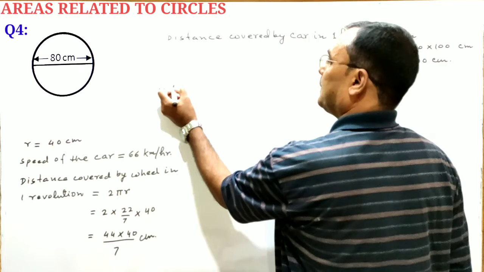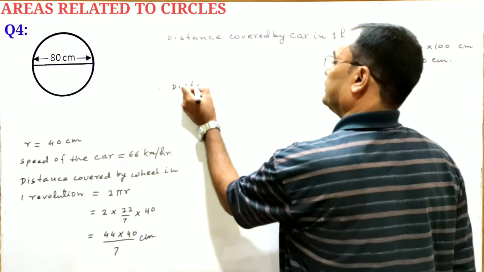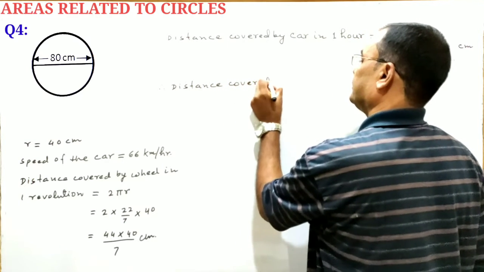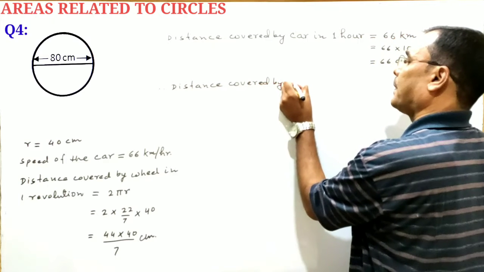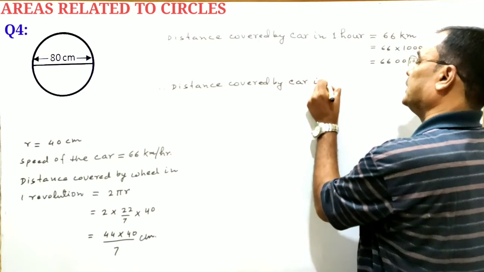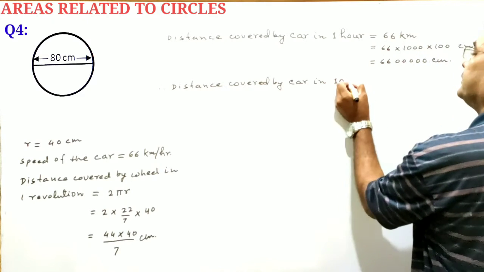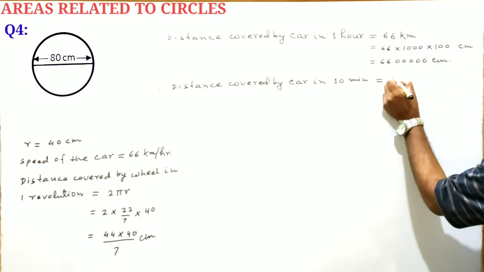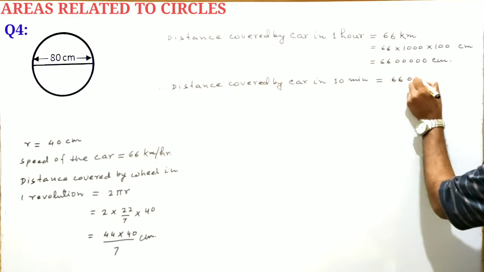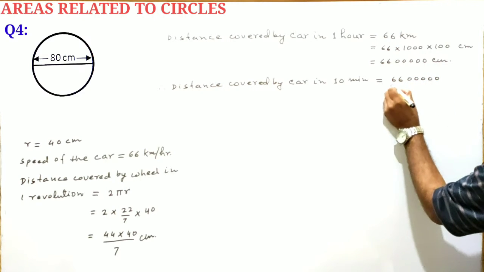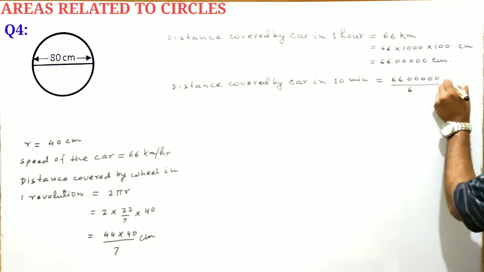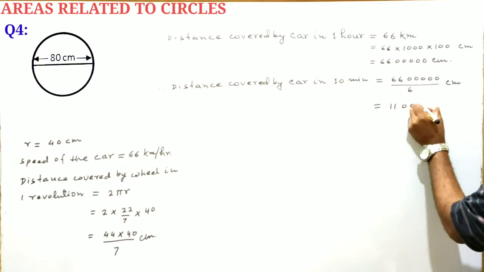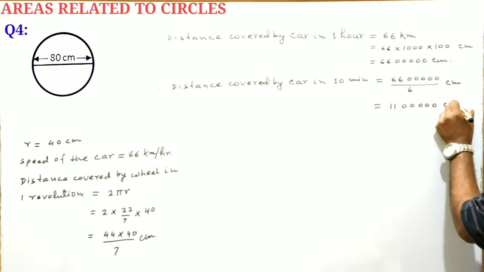So therefore, distance covered by the car in 10 minutes is equal to 66 lakhs divided by 6 centimeter, and this is equal to 11 lakh centimeter.